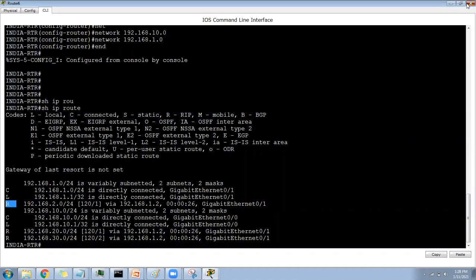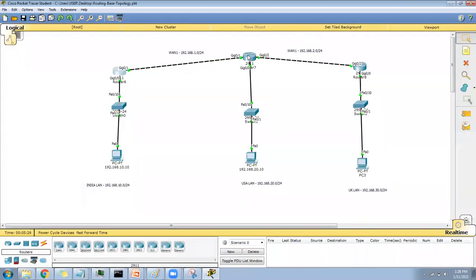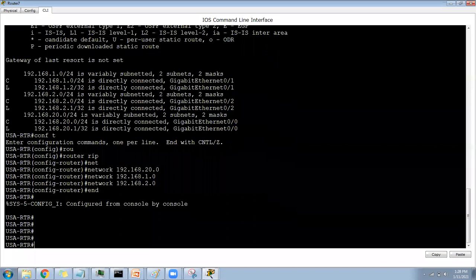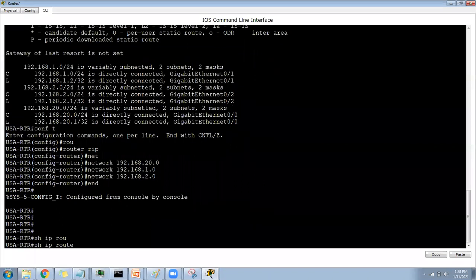So how did it happen? In dynamic routing, with RIP, both routers exchange their full routing table. The India router exchanges with the US router, and the US router will extend to the UK router. So like this, all routers get the routes. Show IP route.